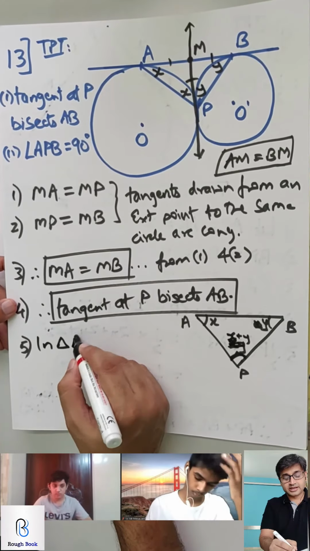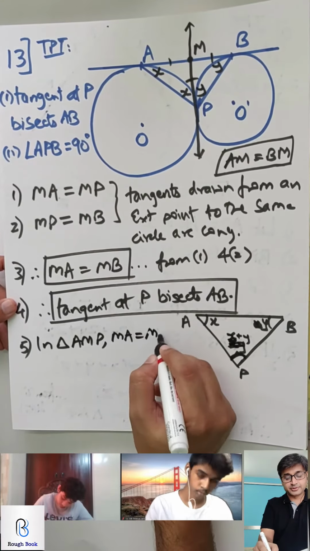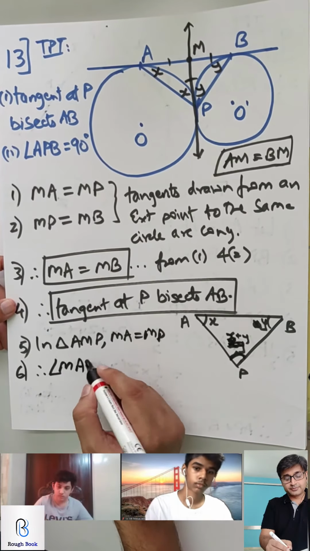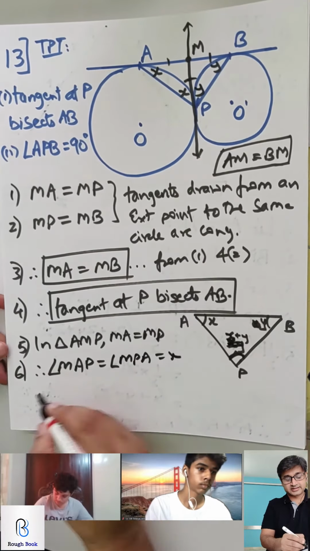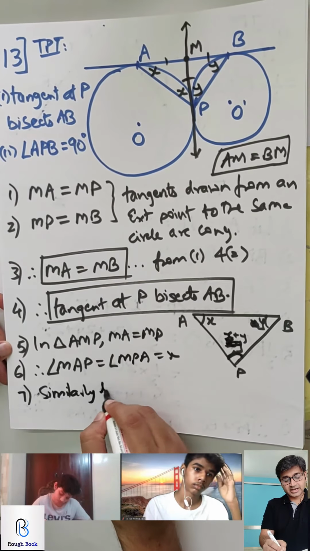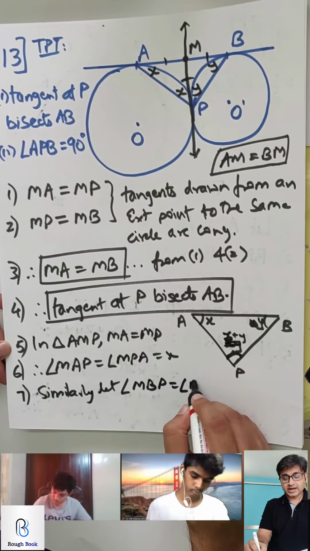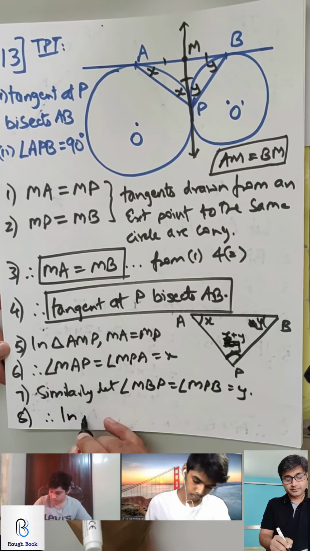In triangle AMP, we will say MA equals MP, and therefore angle MAP equals angle MPA equals x. Then similarly, let angle MBP equals angle MPB equals y. And now you jump into the triangle.